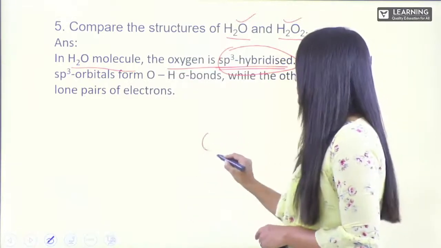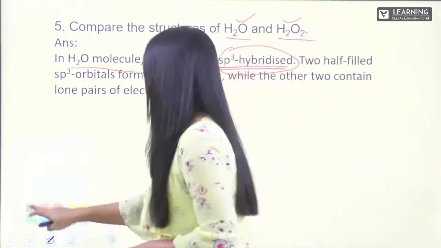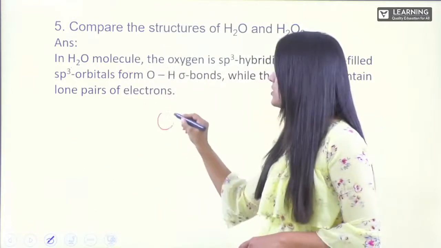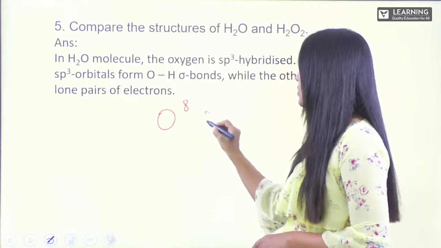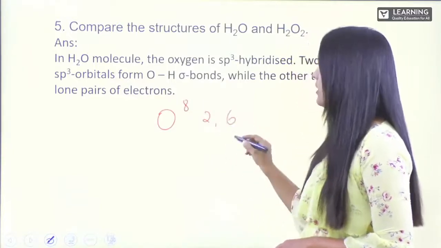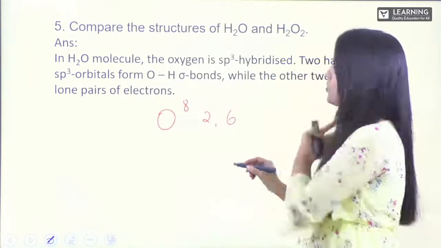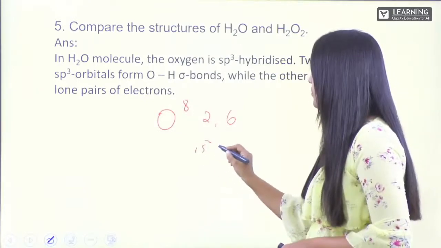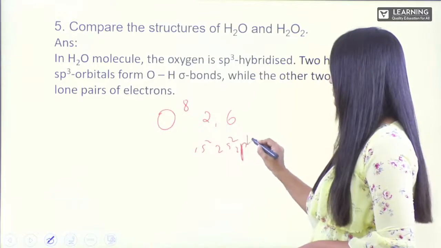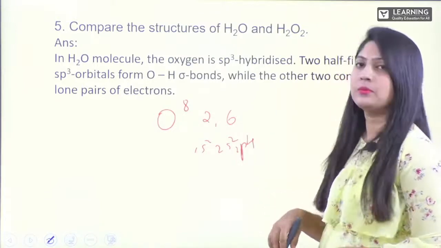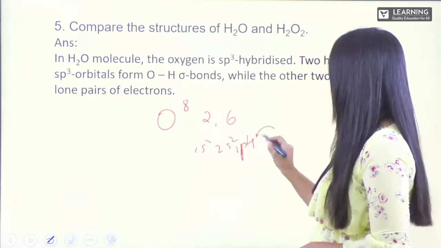As we said, oxygen has 8 electrons, configuration 2,6, that is 1s2, 2s2, 2p4, right? So it requires 2 more electrons.